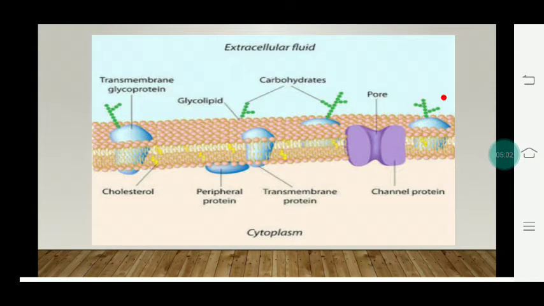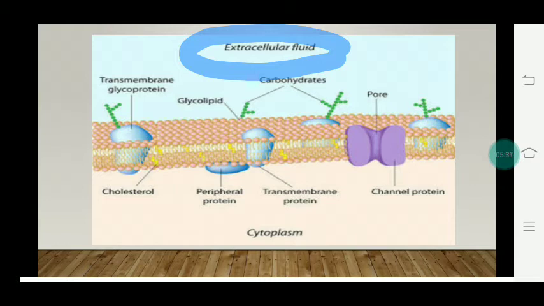Here is the bilayer of the plasma membrane. You can see the bilayer, the upper layer and lower leaflet of the plasma membrane. The cytoplasm of the cell is inside, and the extracellular fluid means outside of the cell.